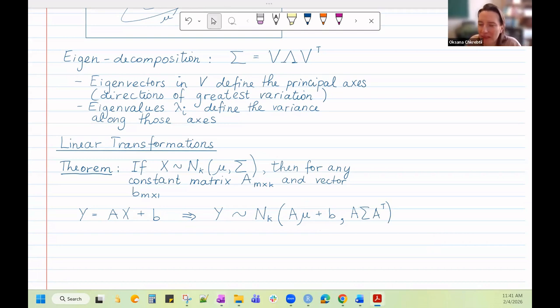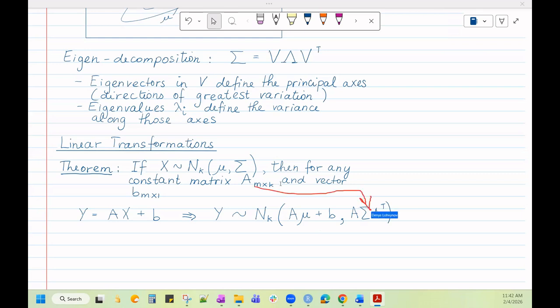Yes, there's a question. What do we mean by a normal distribution with zero variation? Right, so you're asking if the constant matrix A is something that would make the variance zero.